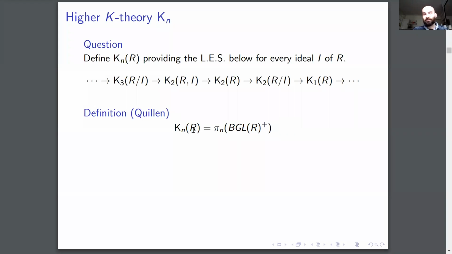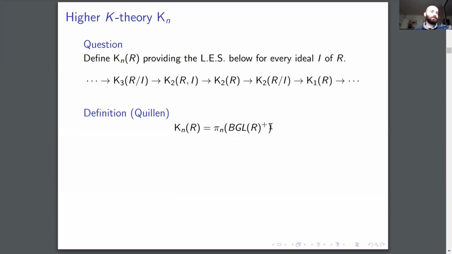For a ring, Quillen defines algebraic K-theory in this way. These are the homotopy groups of a space. It again involves the general linear group. You take the classifying space and then apply what's called the plus construction.